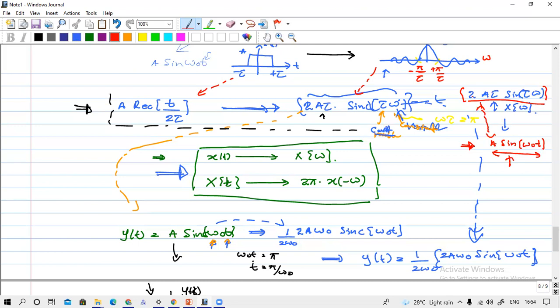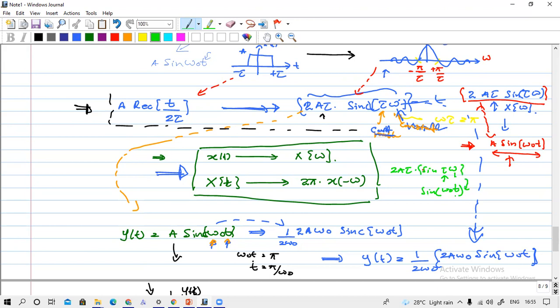You can see here we have 2a tau sinc tau omega. We know that this tau is identical to omega naught, and this omega is identical to t. So we have sinc omega naught t.